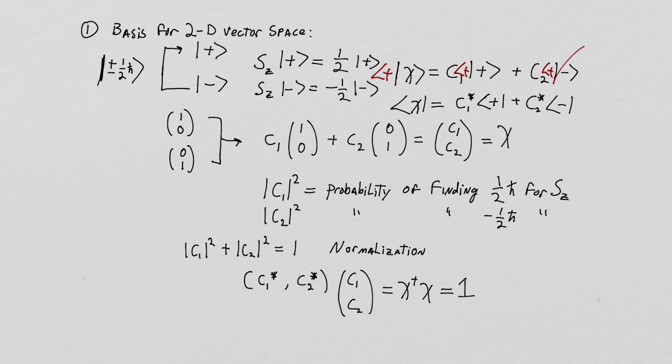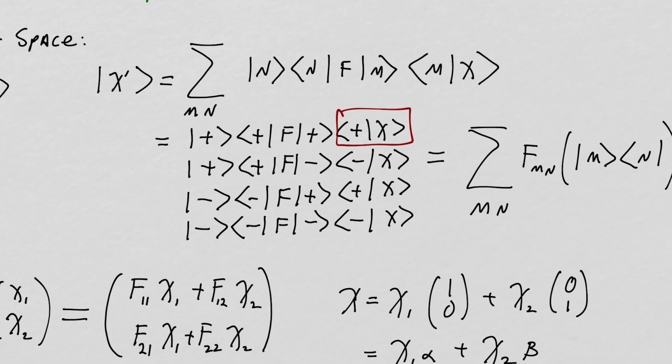That goes to 0, that goes to 1, so you're left behind with C1, right? So this guy here would be just a complex number, and that complex number would be C1. Likewise, this would be the complex number C2, this would be C1 again, this would be C2.